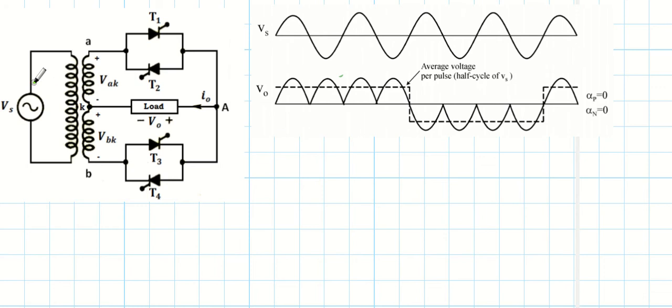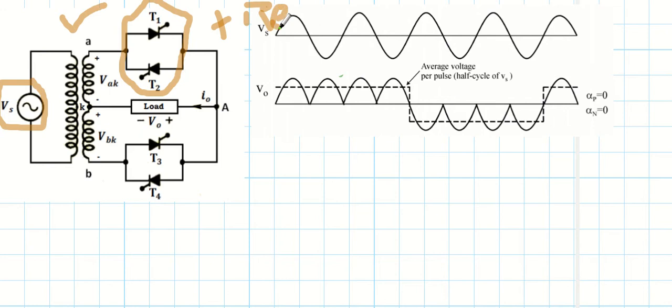So now let's move towards step down cycloconverter. So what we have over here, we have an AC voltage, AC source voltage. We have a center tap transformer. At the top, we have a pair of thyristors that are known as the positive thyristors.